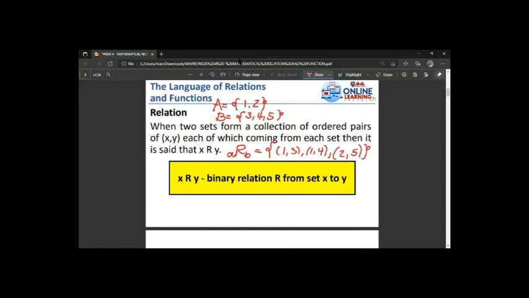So from this, we can say that A or B or R is a collection of ordered pairs. Therefore, itong set na ito is a relation. So may relationship yung elements ni set A kay set B. Okay? So kung malalaman mo sa relation kung sino ang partner nino.